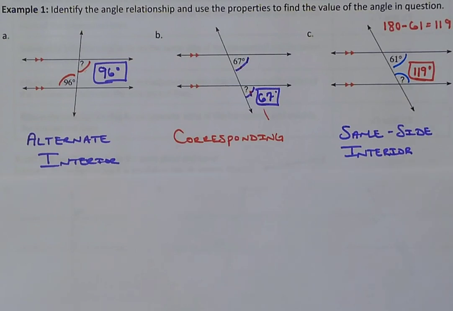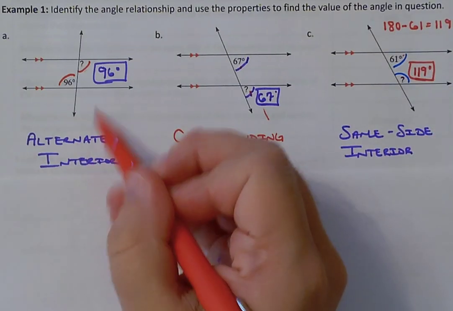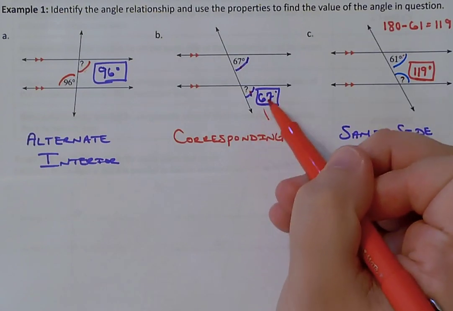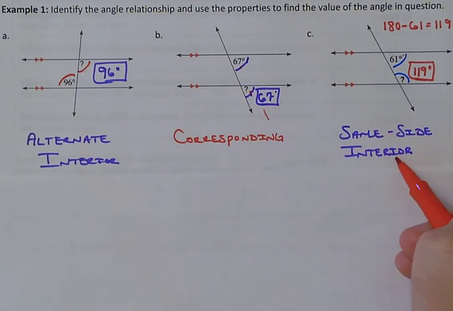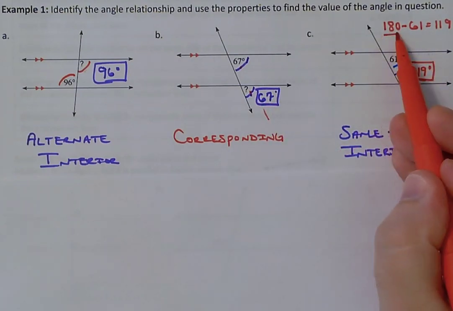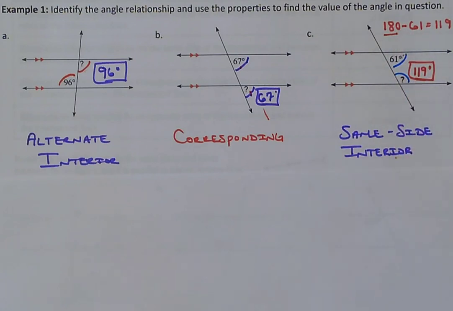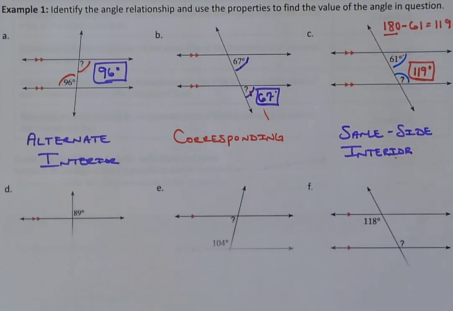And then lastly for C, we know that these are same side interior because they're on the same side of the transversal and in between the parallel lines. And then again to recap, alternate interior, they are congruent. Corresponding, they are congruent. Same side interior adds up to be 180 degrees. All right, let us move on.